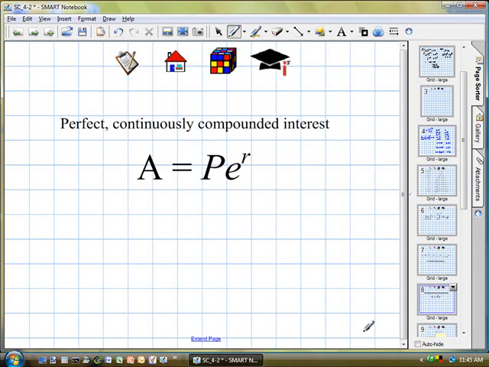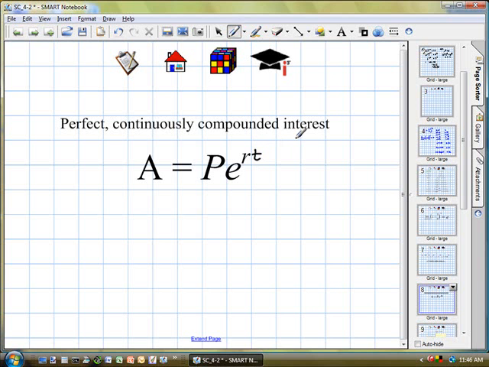Now, you'll see this in your book. At the bottom, I guess we should put one more thing in there. And then it becomes Pert, if you want to remember, t is time. So if you look at the bottom of page 266, you'll see two formulas.